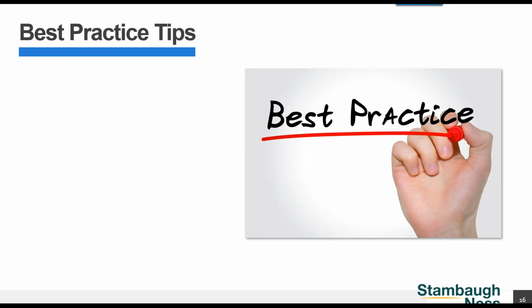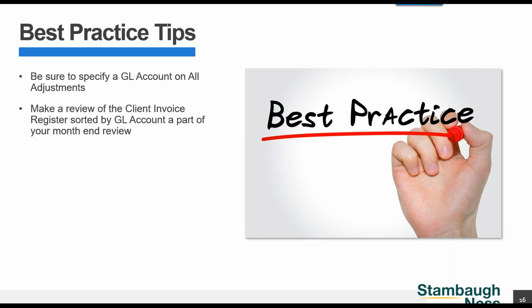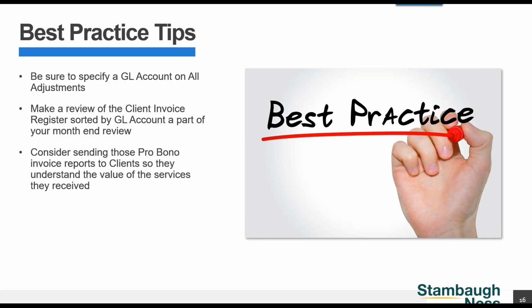You really have to think through all of the moving parts of that project and your financial and project reporting. So to take us home today, our best practices tips: be sure to specify a GL account on all adjustments. It's so important. Make a review of that client invoice register sorted by GL account part of your monthly review. I was so excited when they came out with that.